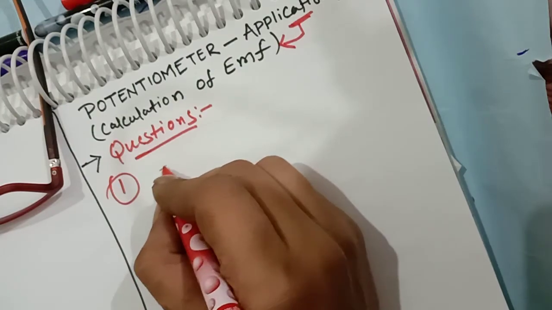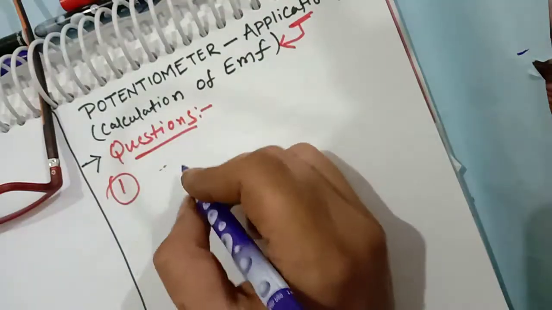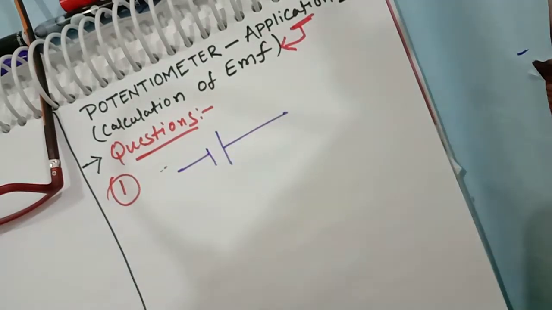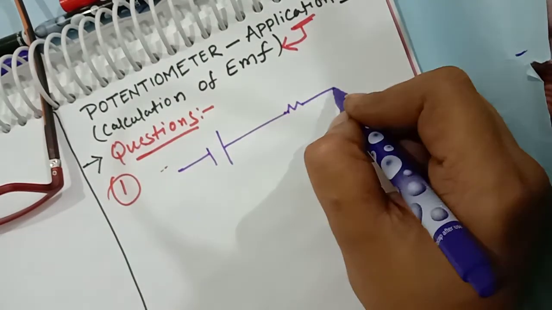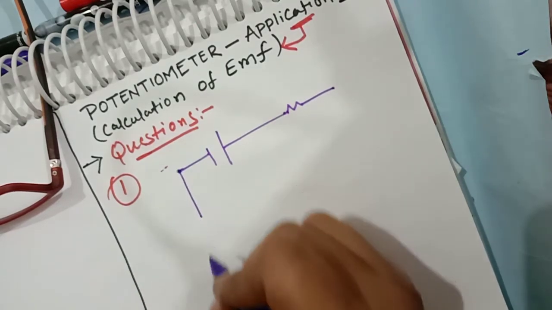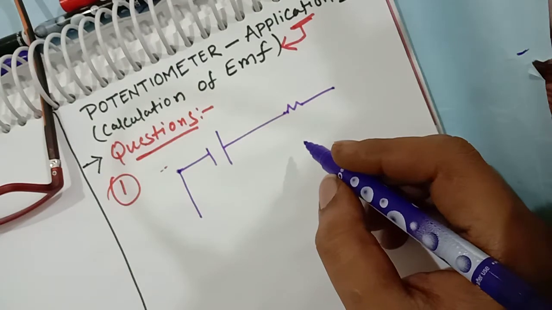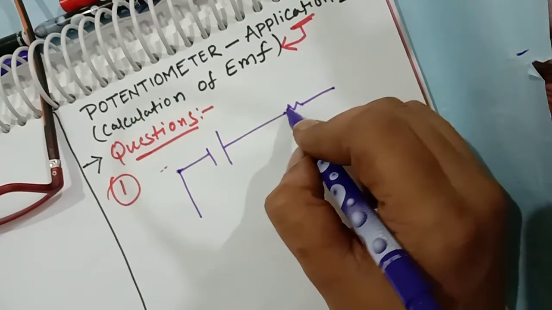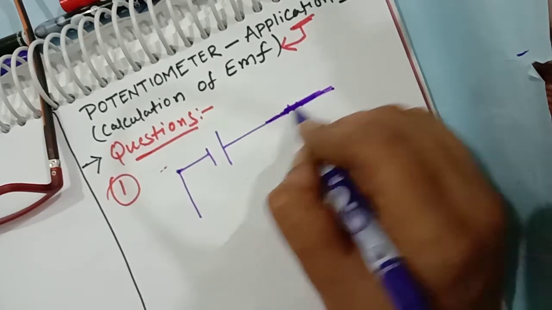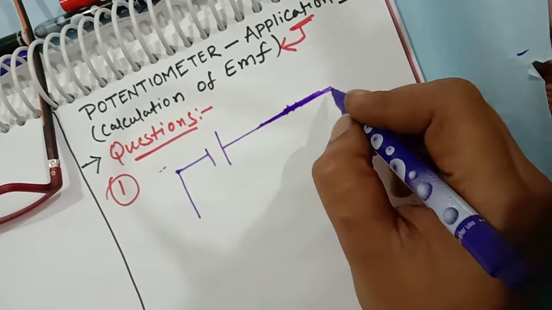So suppose, let me draw the diagram. There is a cell over here, it has an internal resistance. Suppose there is no internal resistance first, right? It is the first problem, so we will take an easy problem.